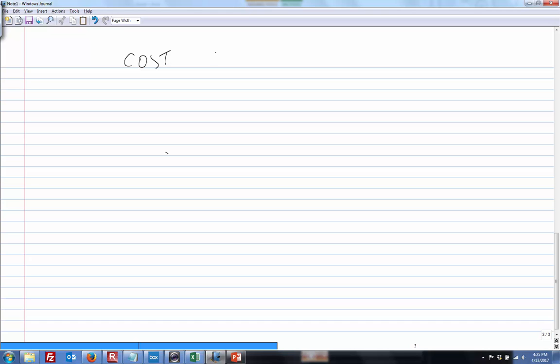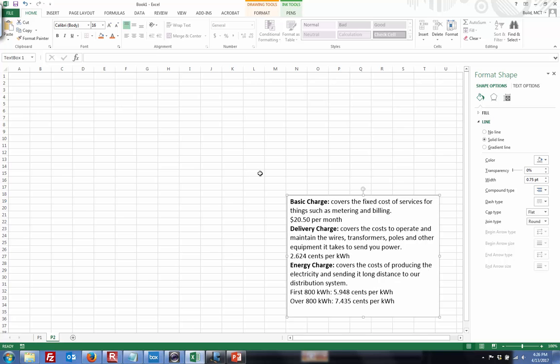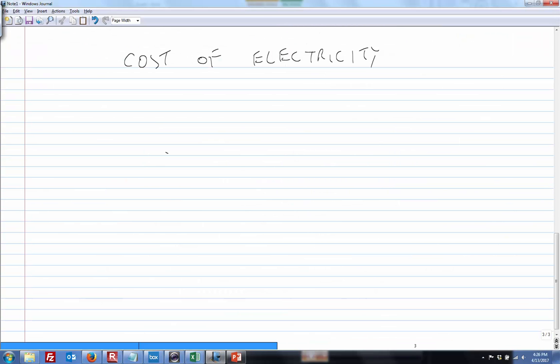cost of electricity. Okay, so basic charge, $20.50.